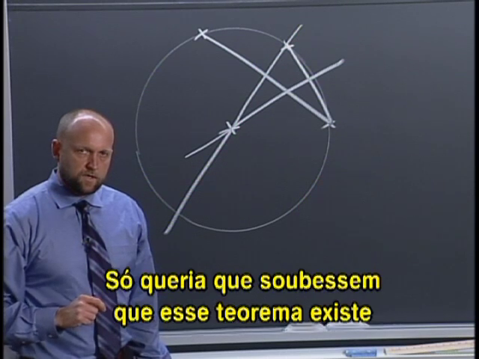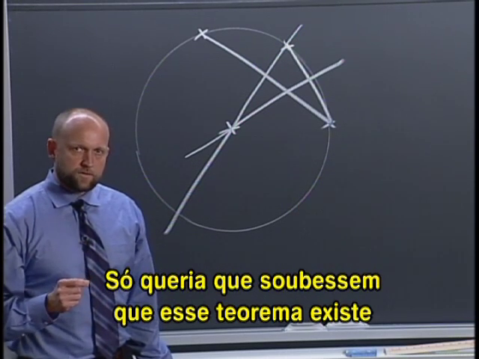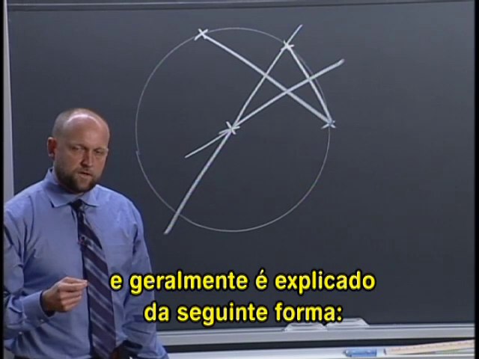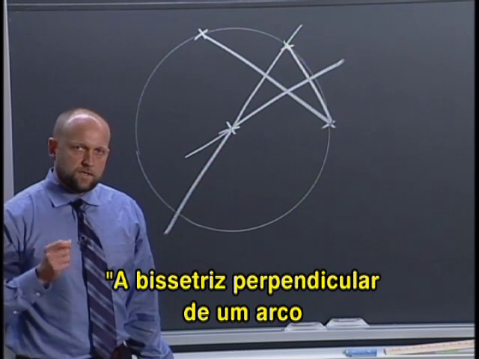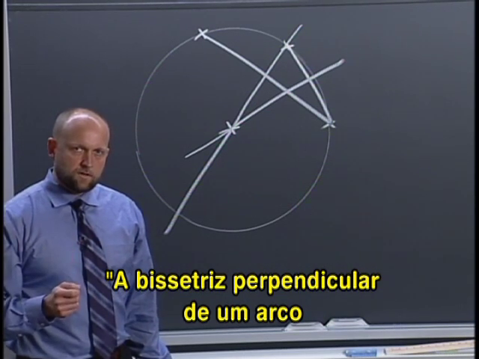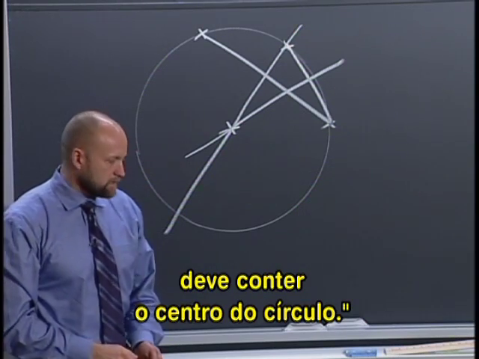Now, I just wanted you to know that there is this theorem. The theorem is usually referred to in the following way, that the perpendicular bisector of an arc must contain the center of a circle.